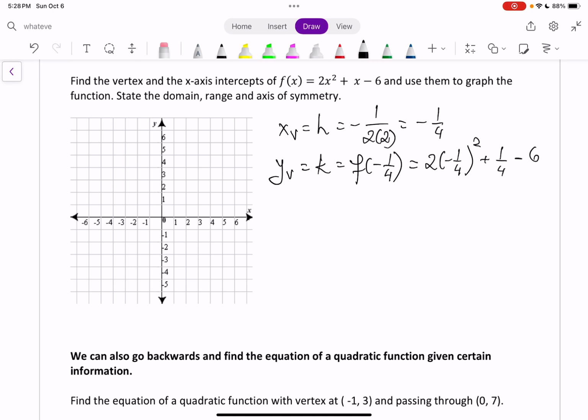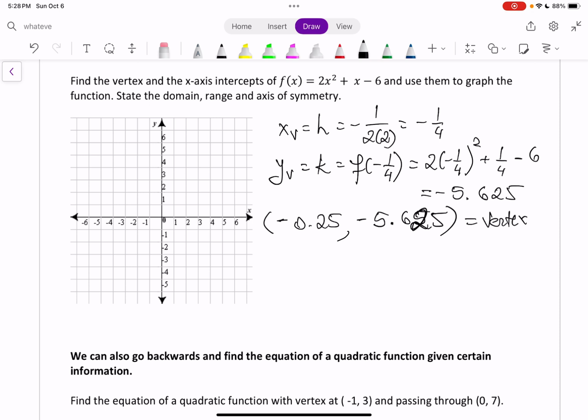So if I put this in my calculator, which again, it would actually be maybe easier if I used 0.25 for it. Yep, so that's going to be a negative 5.625. So the vertex has coordinate negative 0.25 or negative 1/4. And in my calculator, I got a decimal, negative 5.625. Okay.